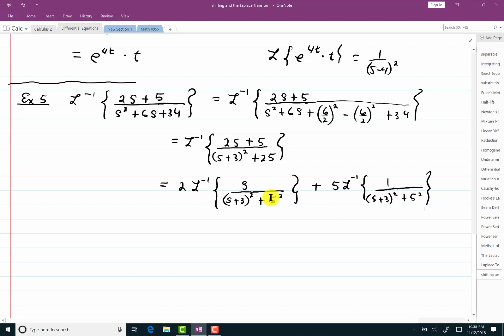Now I can't quite use an inverse Laplace yet unless I match this s plus 3 with an s plus 3 up here. So that's what I will do. I will simply put s plus 3 there, so long as I subtract off the exact same thing.